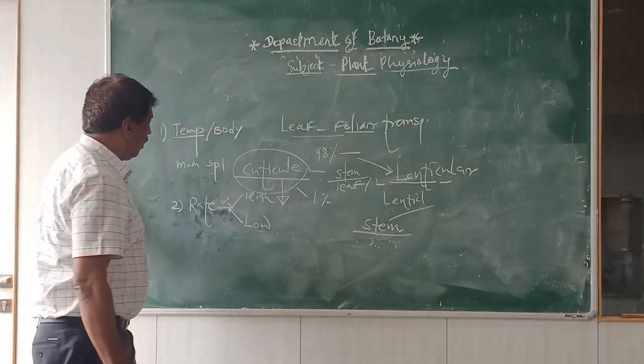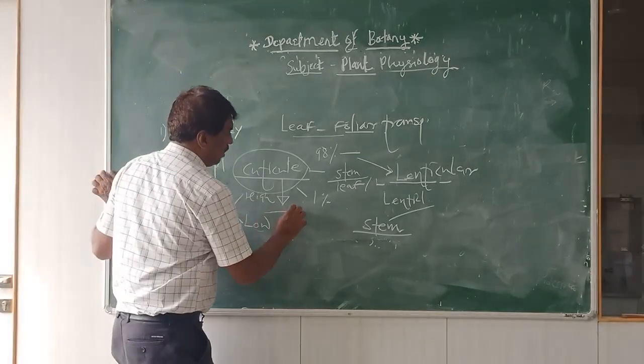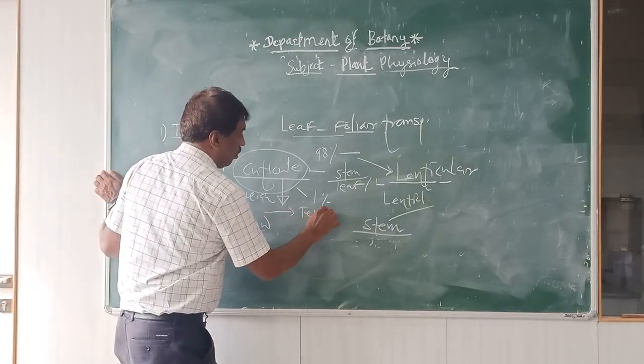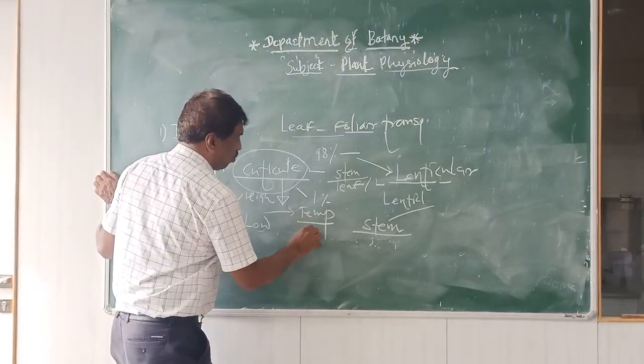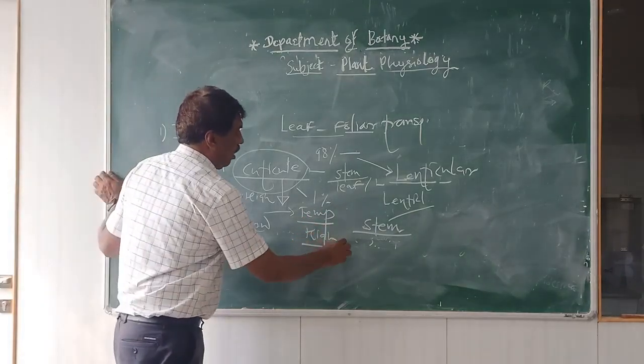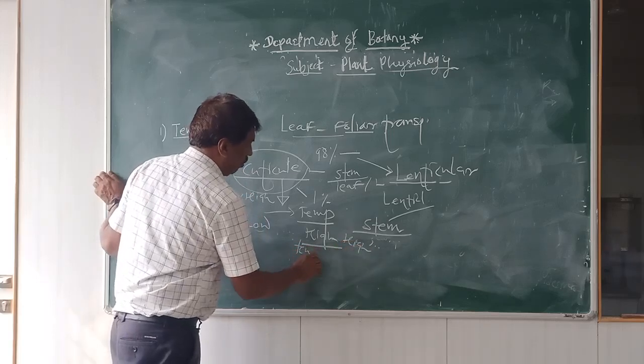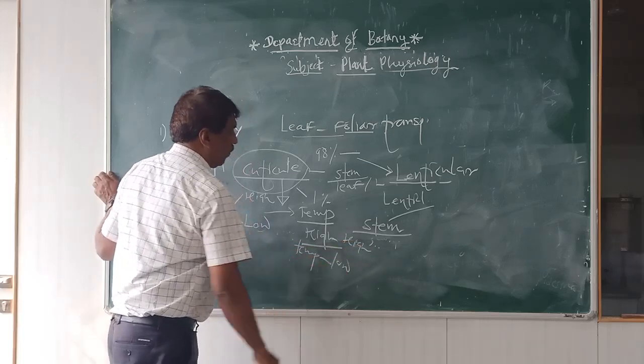One of the factors which decides this rate is temperature. If the temperature is too high, then obviously the rate of transpiration is very high, and if the temperature is low, then the rate of transpiration is also low.